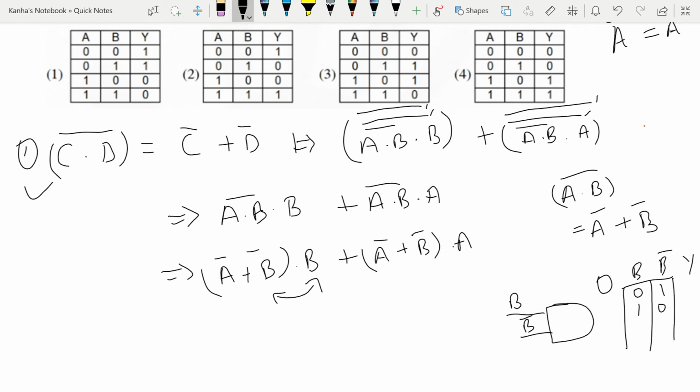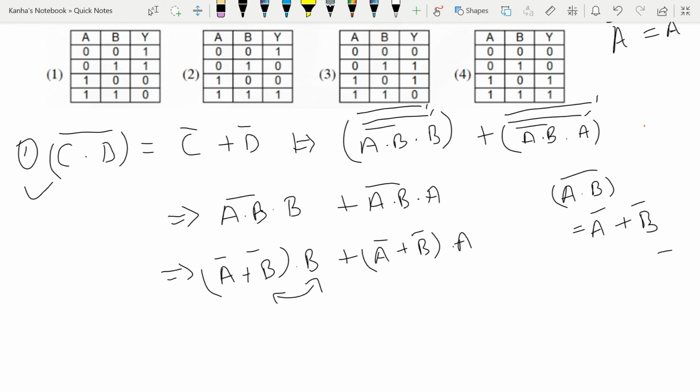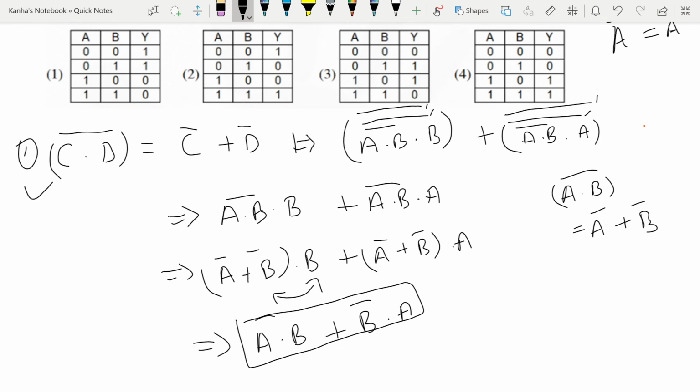In both the cases, if I take an AND gate through it, I will get a 0. This was also one of the identities. Now that this is going to 0, I will have A bar dot B remaining plus B bar dot A remaining from the second one. So my entire output reduced to this quantity alone.